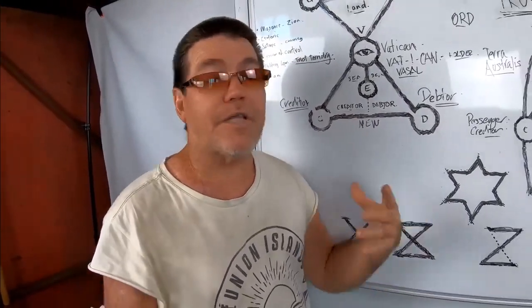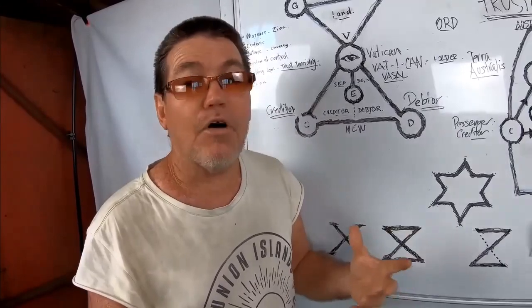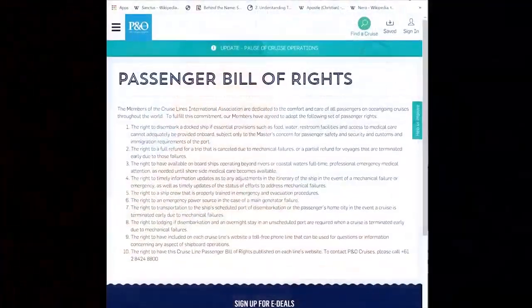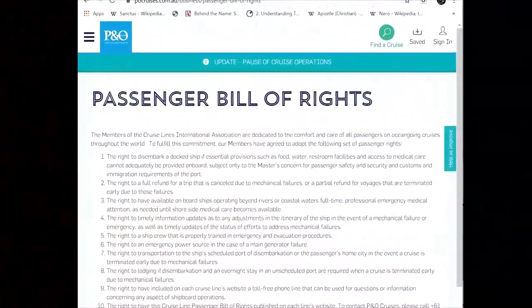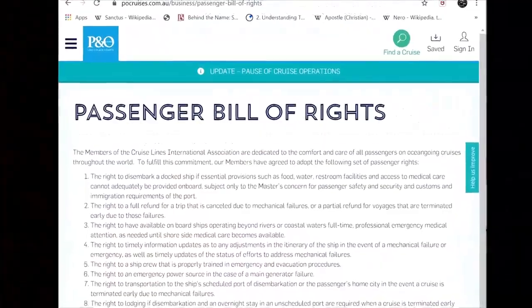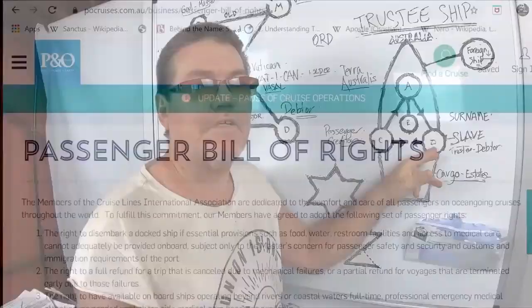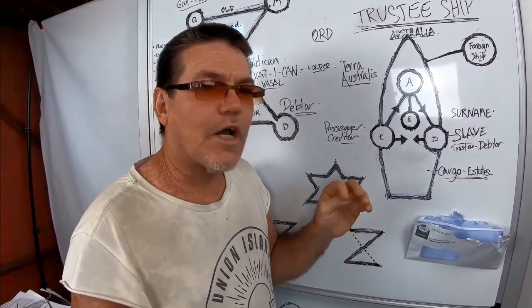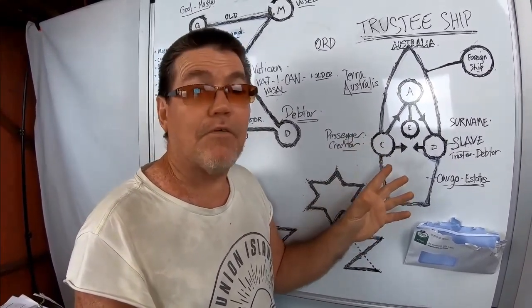To enter onto those cruise ships, the passenger has a bill of rights, which is really the constitution of the ship, of the trusteeship. And that's where things start to shine in relation to when you're the debtor of this trusteeship, or like a crew member on the ship, then you don't have a Bill of Rights.